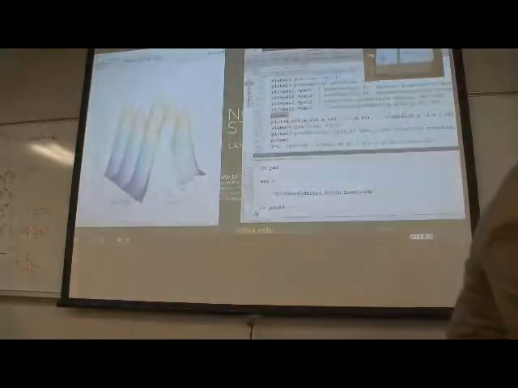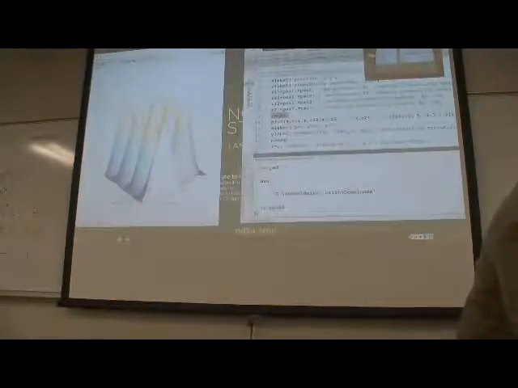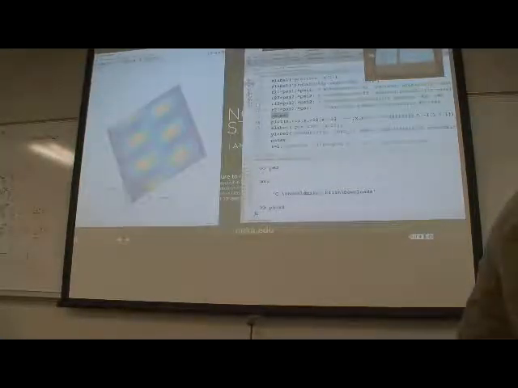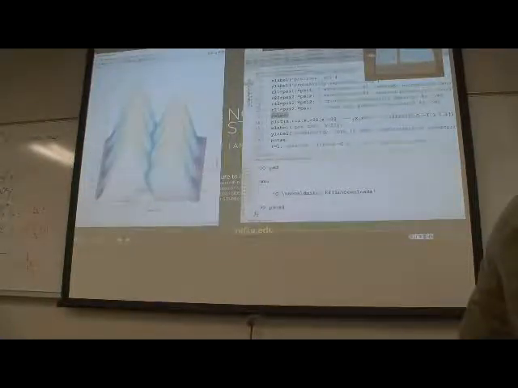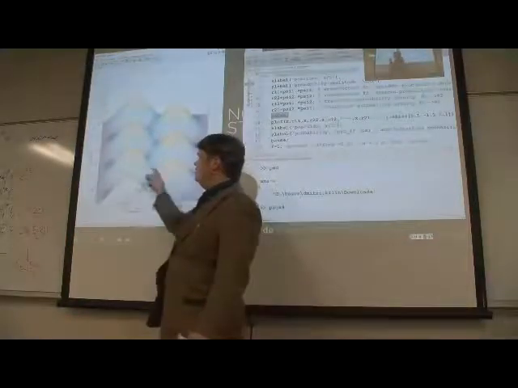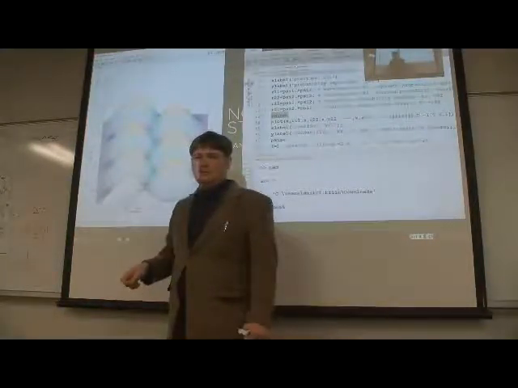So plotting the three-dimensional distribution of a two-dimensional function. One argument is position and another is time. And as time passes by, it just goes there and back, there and back. Make sense?